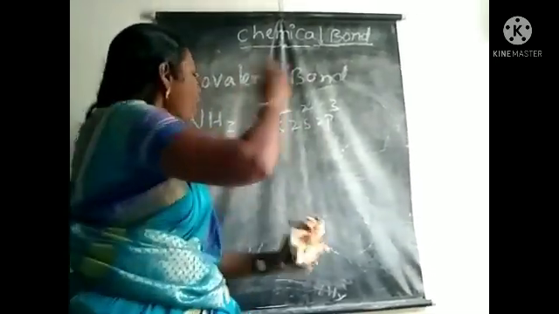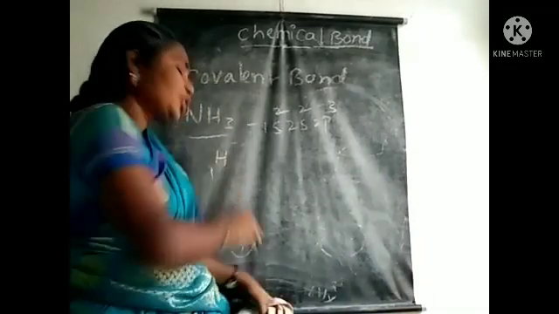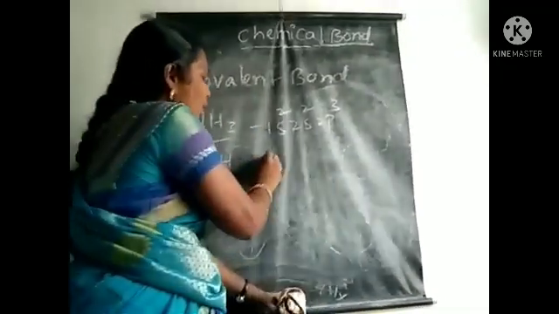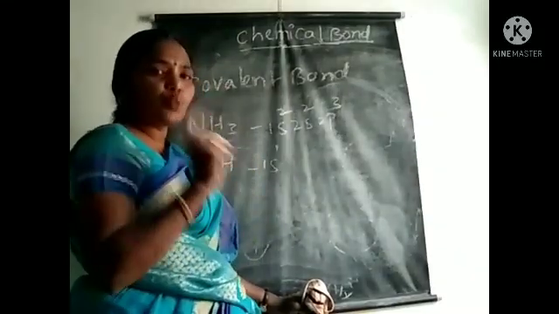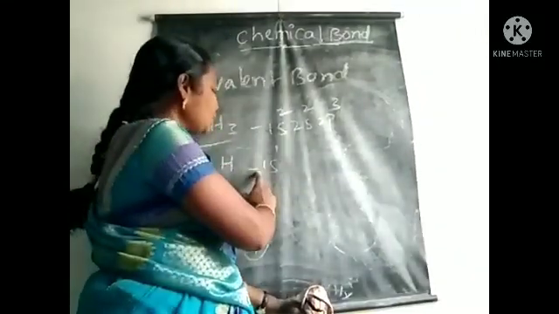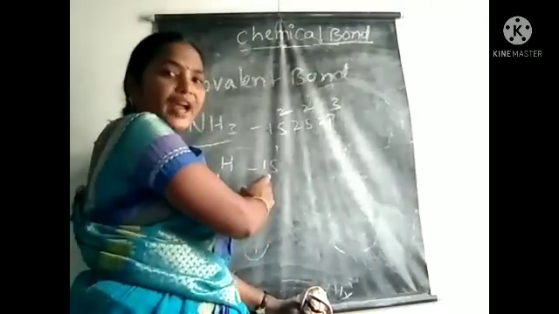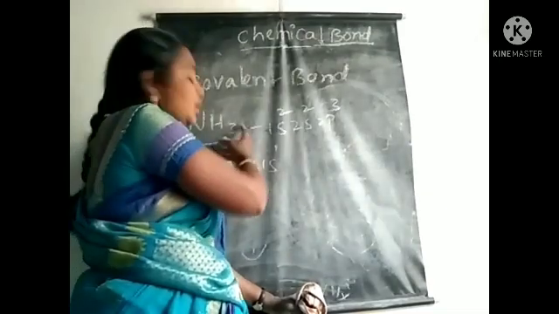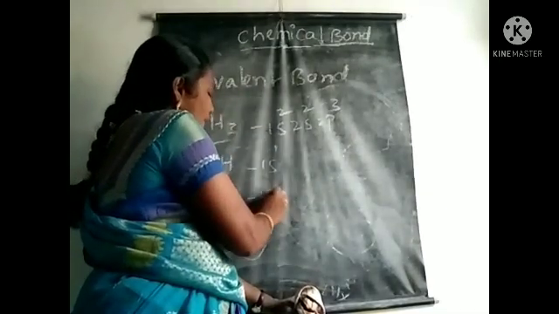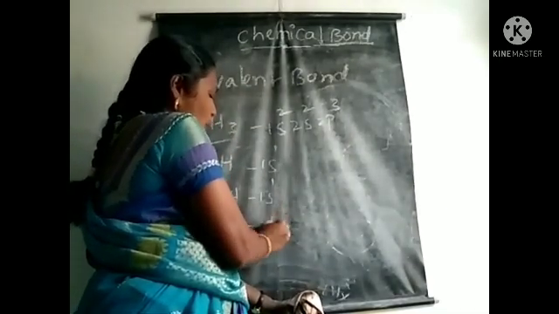Let's observe hydrogen. Hydrogen electronic configuration is 1s1 because it is the first element, so it contains only 1 electron. Here 3 hydrogens are there: 1s1, 1s1, 1s1.